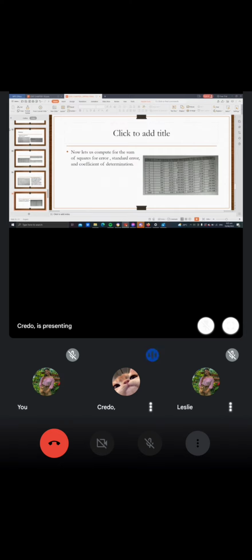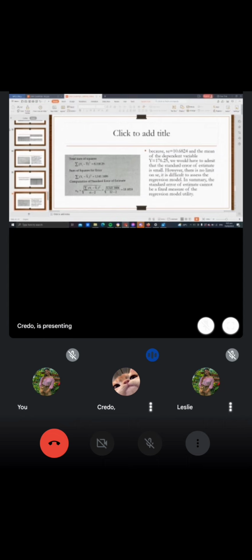As you can see, the total of summation y is equal to 2115, and the next one is 0. The next one is 8118.2500, and the next one is 2115.39, and the next one is 0, and the last one totals to 1141.1406.